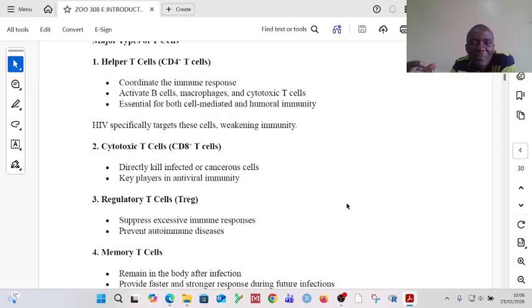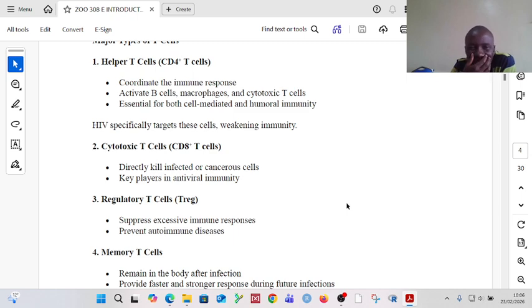Okay. So because they kill cells that are infected, mostly cells that are infected will be infected by viruses or intracellular bacteria like TB, okay, or abnormal cells in terms of cancer.